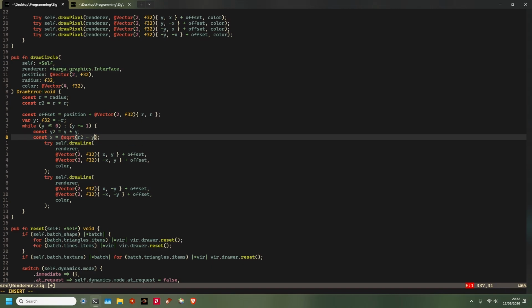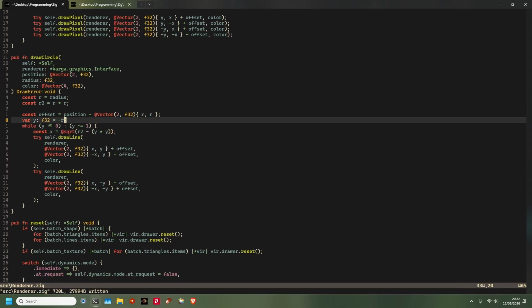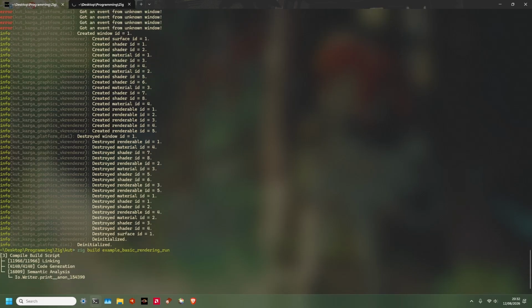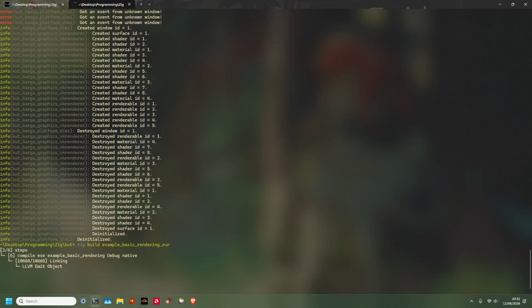And now we don't have another loop, it's only one loop, and we're drawing the entire circle and filling it as well.